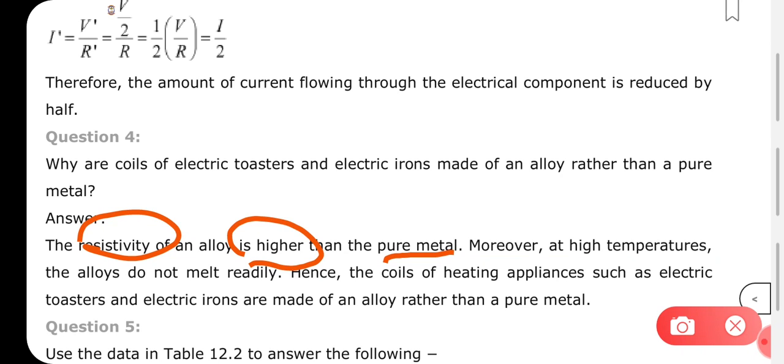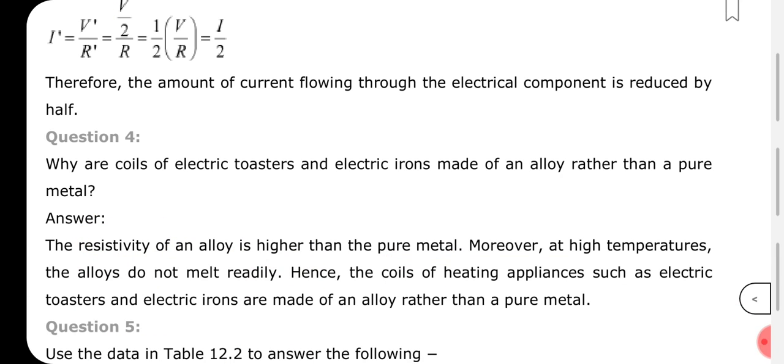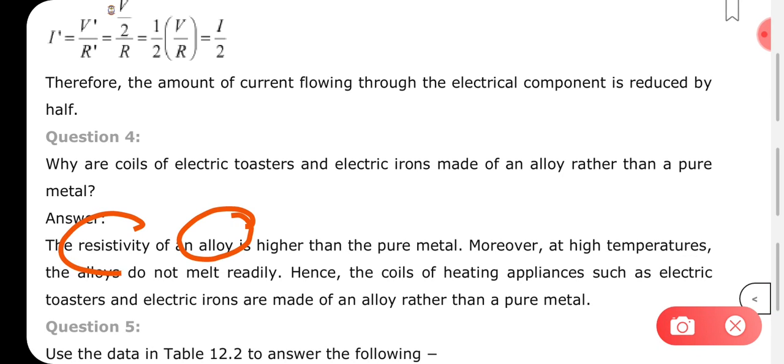Moreover, at high temperature the alloys do not melt readily, hence the coils of heating appliances such as electric toaster and electric irons are made of an alloy rather than a pure metal, fine. So you should remember that for an alloy, resistivity is more than that of the pure metal, fine. So using this you can answer this question.